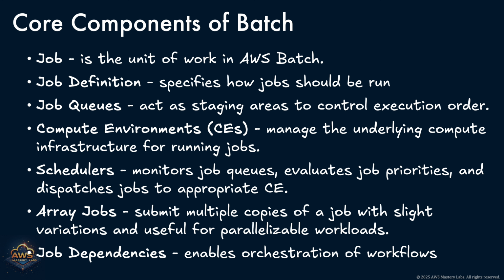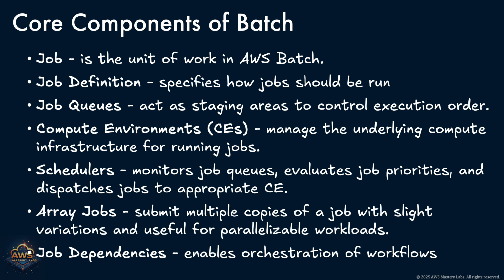Next is the job definition, which acts like a blueprint for how jobs should run. It includes key configuration details like the Docker image, vCPU and memory settings, IAM role for execution, retry strategies, and timeouts. Once defined, you can reuse job definitions across multiple job submissions.